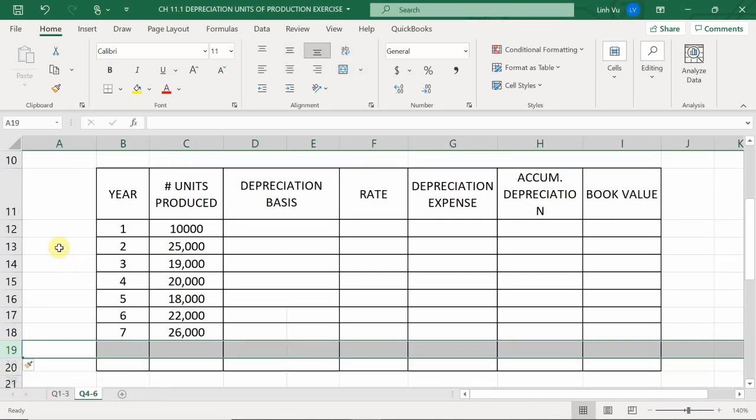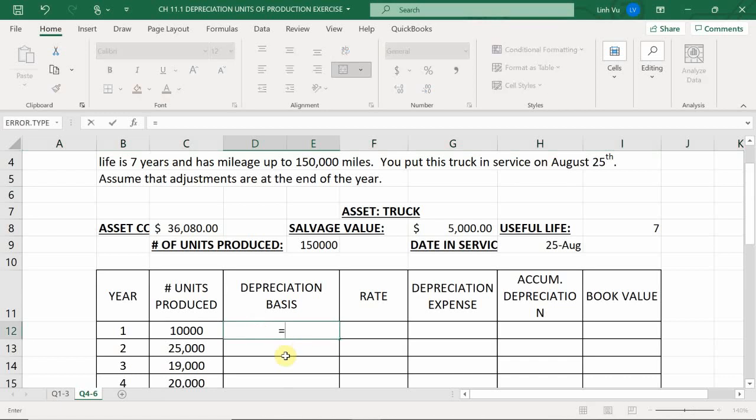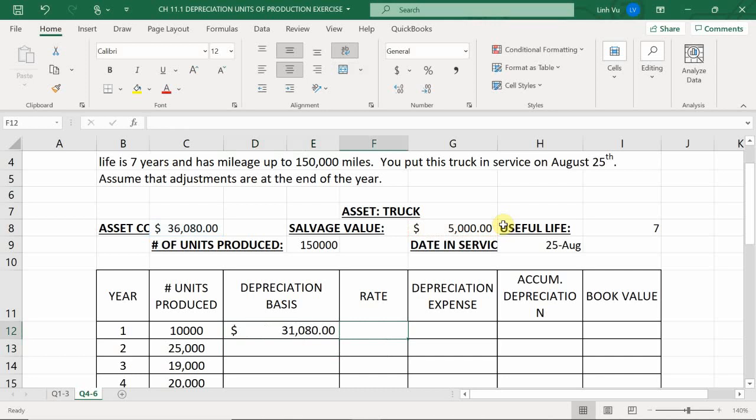To solve for my depreciation basis: asset cost of 36,080 minus my salvage value of 5,000 gives me a total of 31,080.